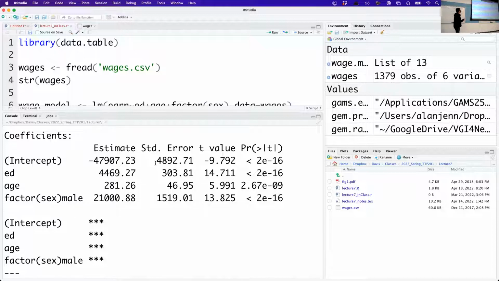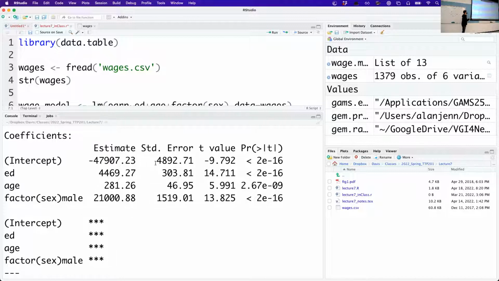So we have three variables: education, age, and gender, as well as your sort of intercept here. So let's talk about kind of what this means. And I'm going to ask you guys to help me out here. So who can help me sort of walk through these coefficient estimates, kind of based on what we've learned so far? Anyone? Yeah.